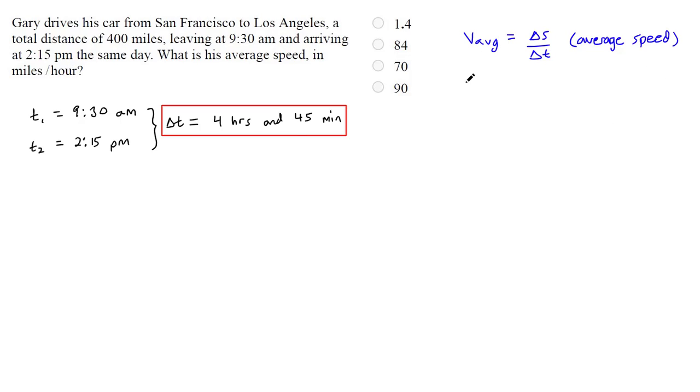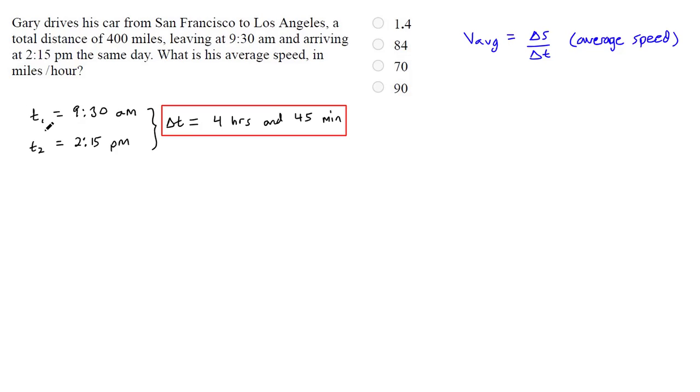So we have the average speed formula here again. I've just written it a little bit different. I've written it here as delta S, which is the distance traveled, divided by delta T, the change in time. So delta represents a change in a certain quantity. In this case, change in position, change in time. So we work this problem the same way.